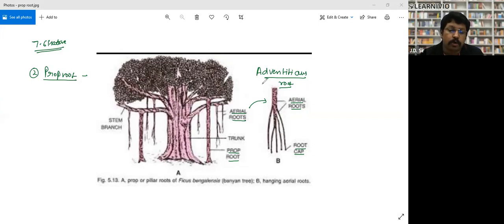Now this prop root starts behaving like an independent plant, right? Okay, so this was the prop root. Clear? Understood? It's easy.